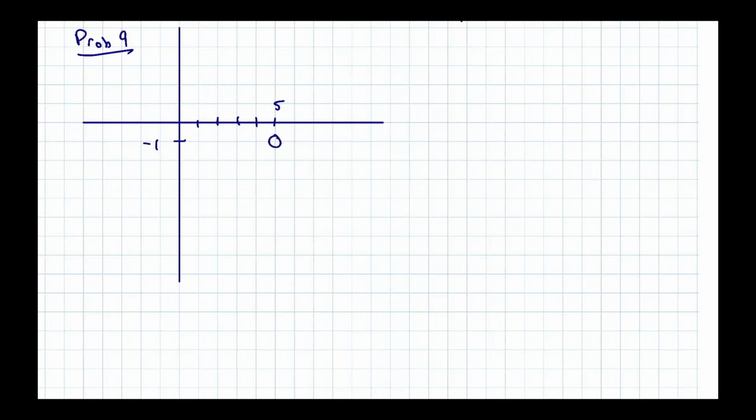This part of the graph doesn't really matter. So let's draw like that. And then down here at -5, 2, 3, 4, 5, -5, 5. There's a solid dot. And then it goes like this. Okay, so that's the graph that we have.